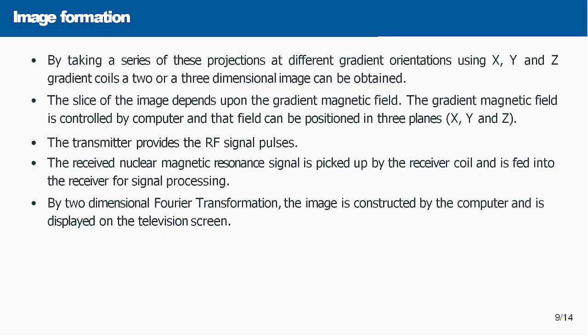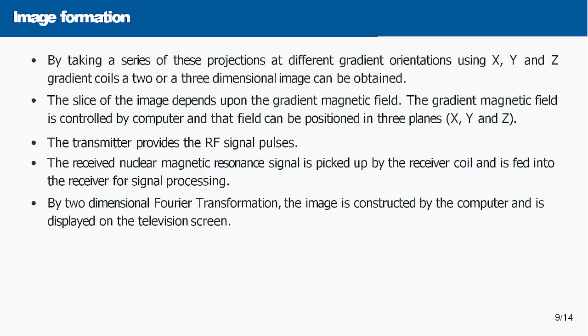By taking a series of these projections at different gradient orientations using X, Y and Z coils, three-dimensional images can be obtained. The slice of the image depends upon the gradient magnetic field.